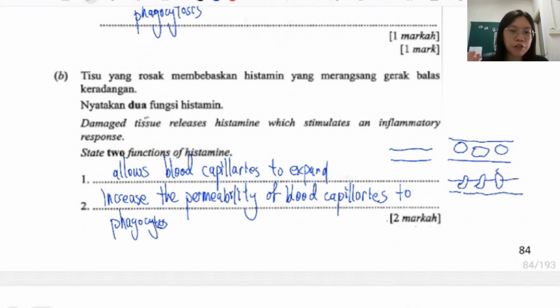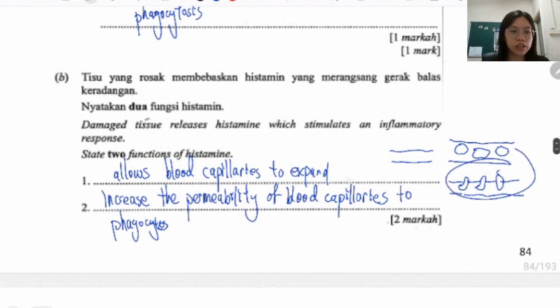So they want to carry out phagocytosis there, to quickly ingest all the pathogens to prevent those bacteria pathogens from further entering your body. So they quickly want to initiate this inflammatory response.